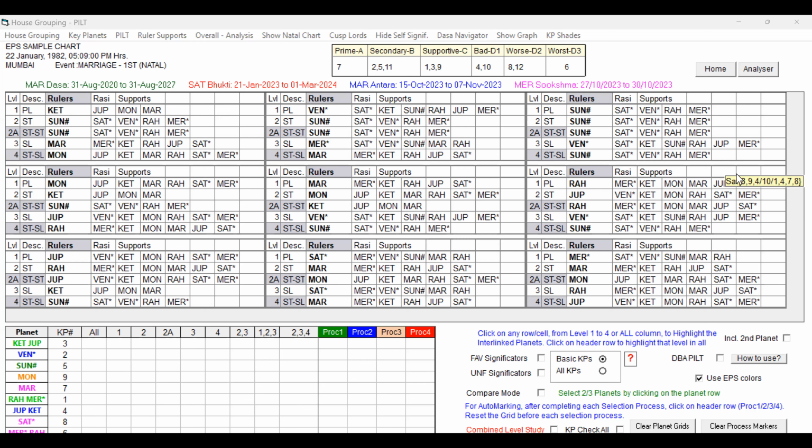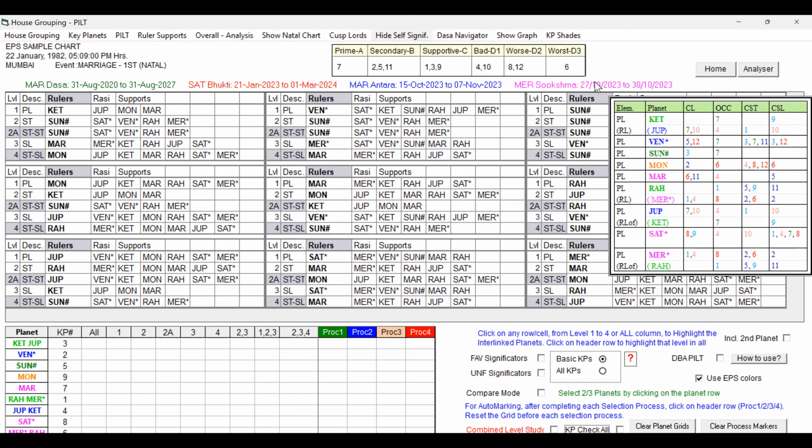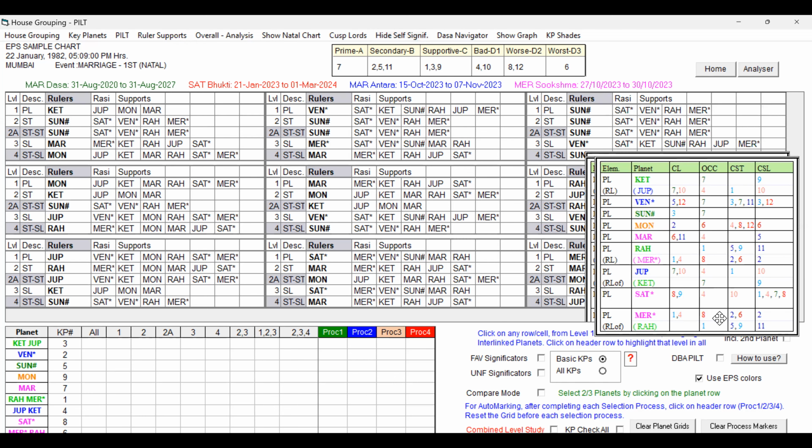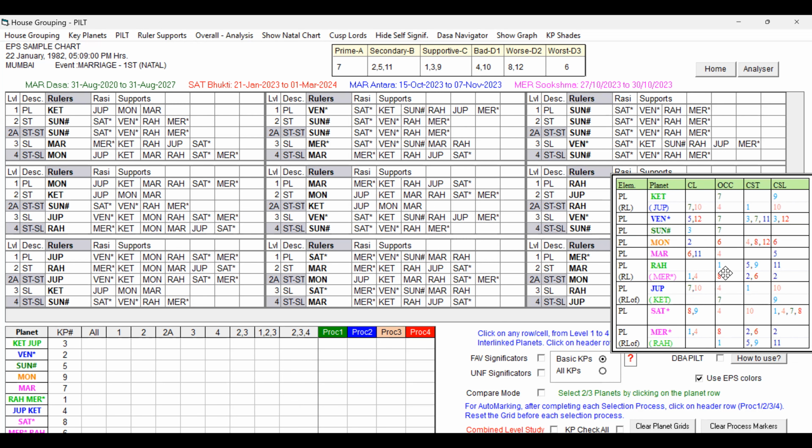I'm repeating. When we click that, let me keep this self-signification table open. Once you click this, use EPS colors and KP check all, you can see all levels: first level planet, star lord of the planet, sublord, star lord of the sublord, fourth level.